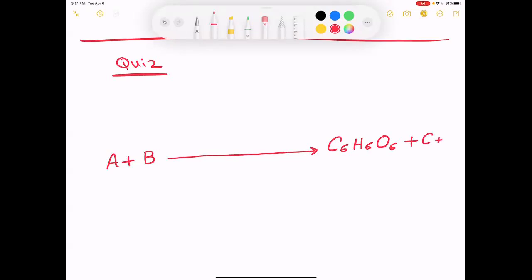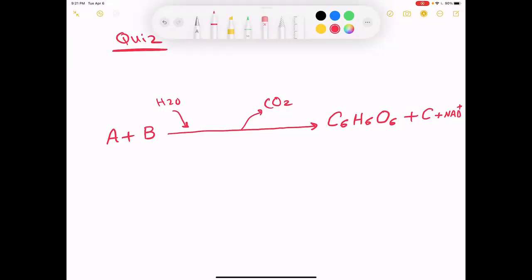Plus NAD+. And let's say H2O going in, CO2 coming out. And the question is, let's make sure here, A, B, C.